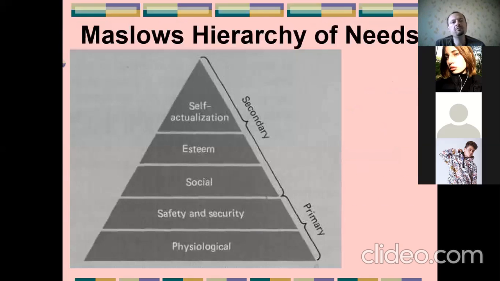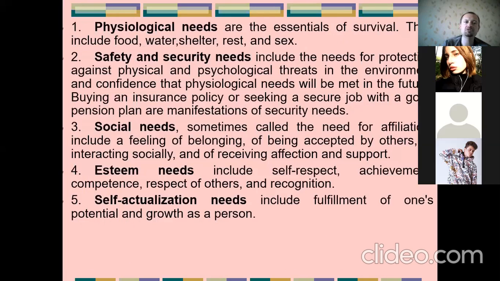Abraham Maslow not only mentioned these groups, but he built the pyramid, and generally he used the order mentioned in previous screens.